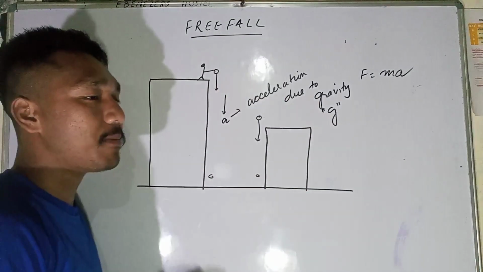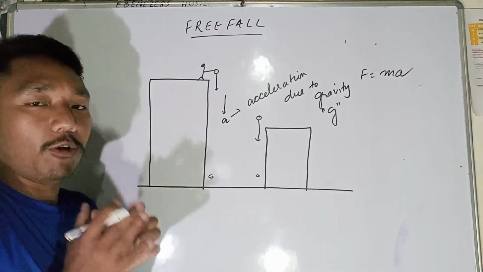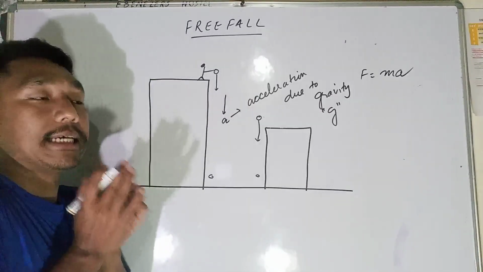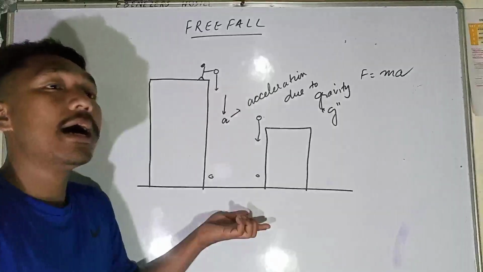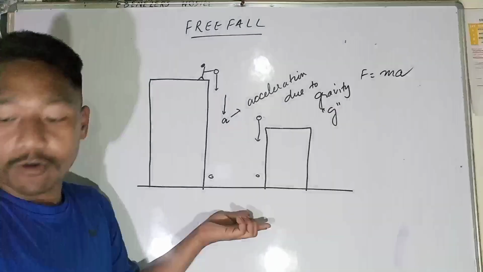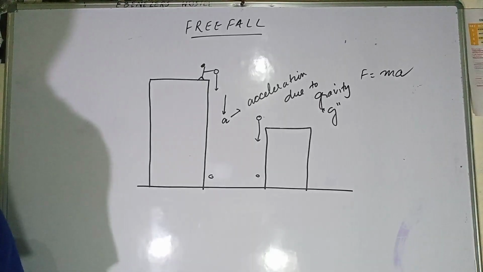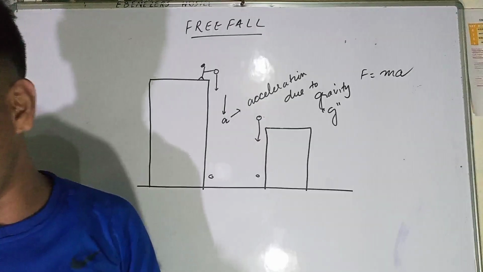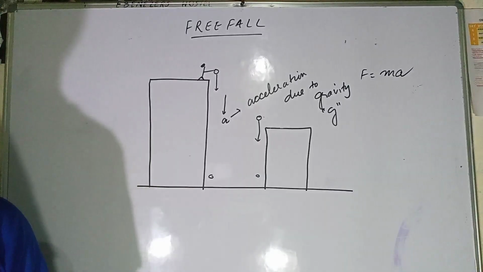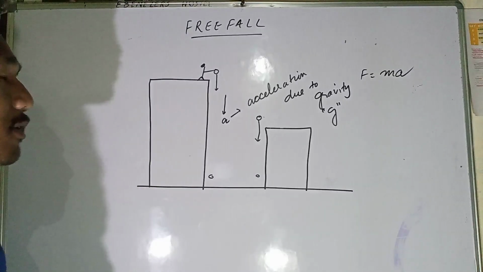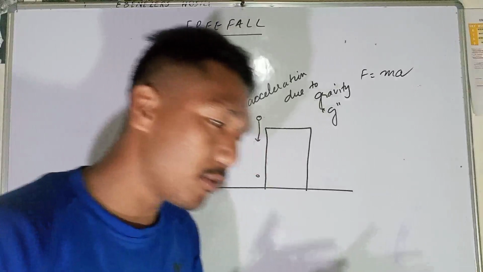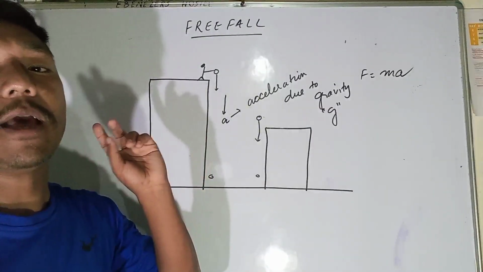From where is the force exerted? The force is due to the Earth's gravity, the gravitational force. So the acceleration is due to the Earth's gravitational force, and therefore it is called the acceleration due to gravity. Whenever there is a force, there will be an acceleration, there will be a mass.